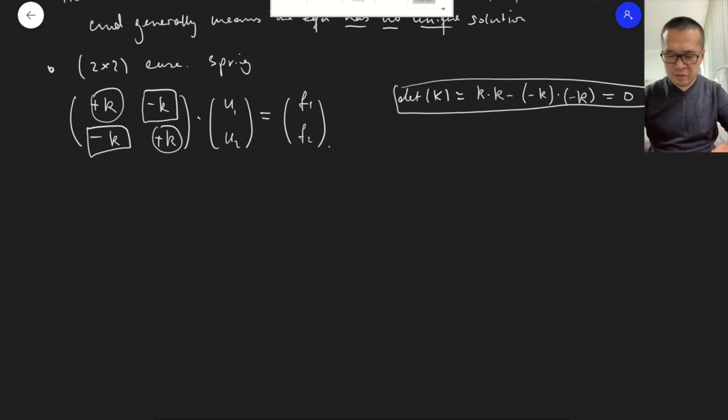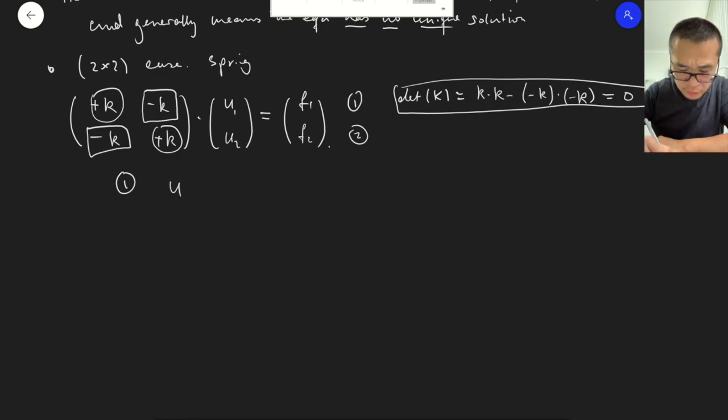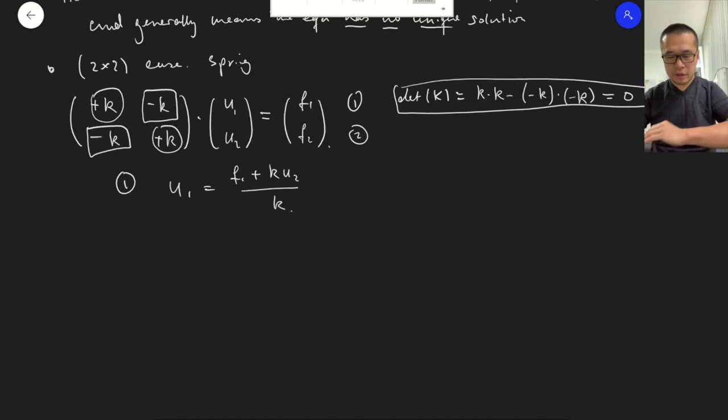Now let's just try to solve these equations by elimination, right? I will try to do this quickly. You can try to work out this algebra after the class yourself. But basically, if you look at equation 1, you can express u1 as a function of u2, that would give you f1 plus k u2 divided by k, right?